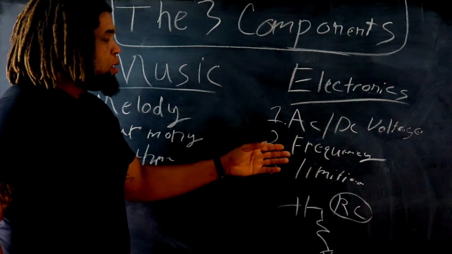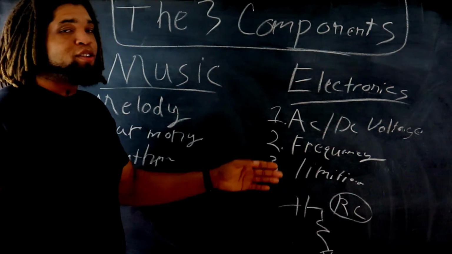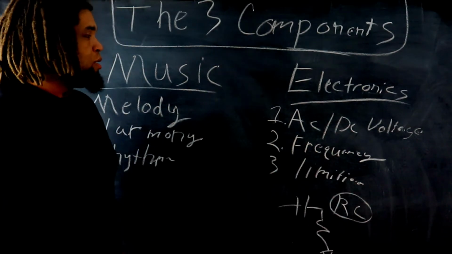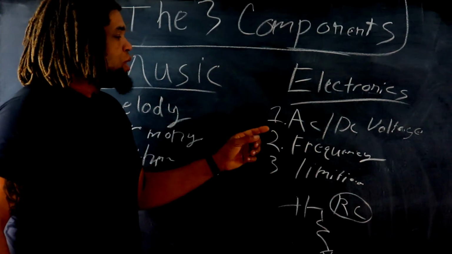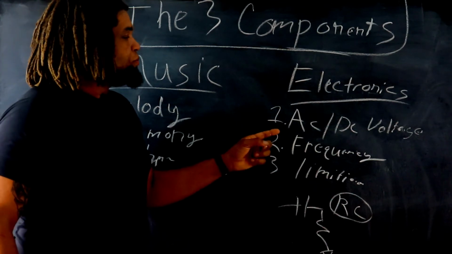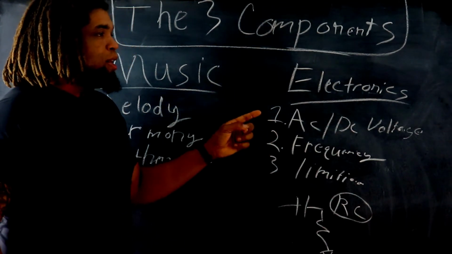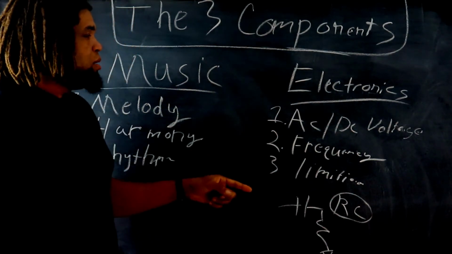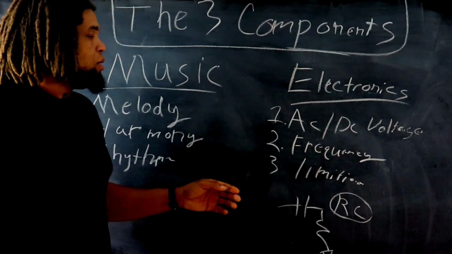So we're constantly putting limitations on our circuits. So these are the three things that an electronics engineer is going to keep in mind when developing a circuit.